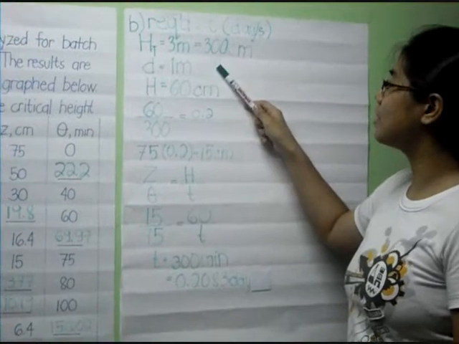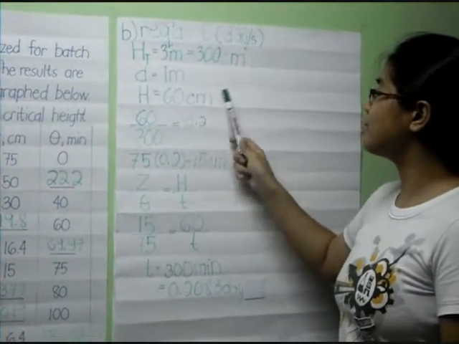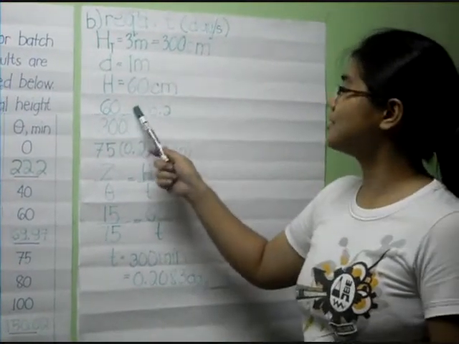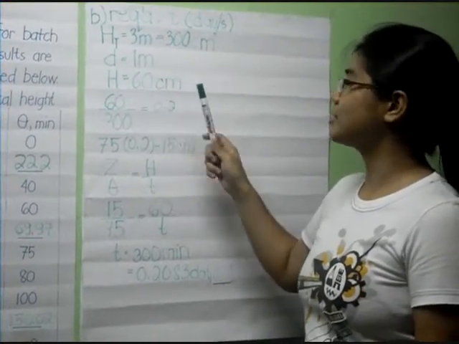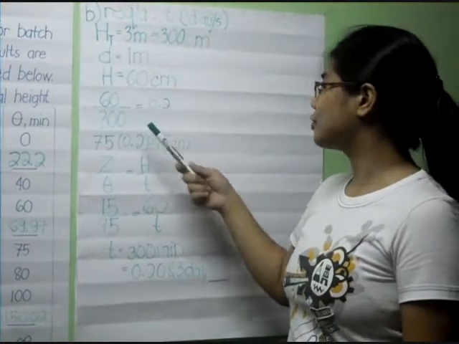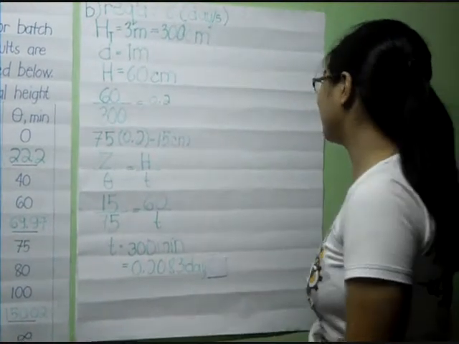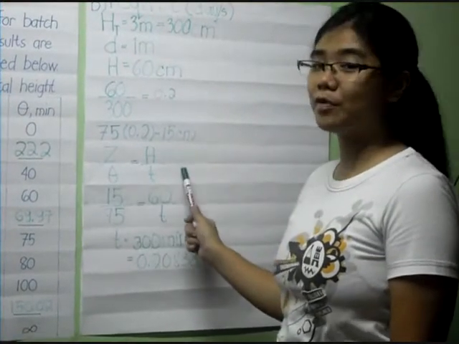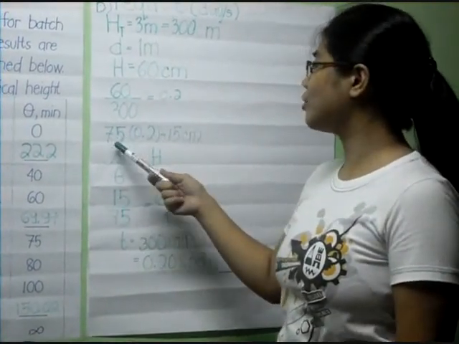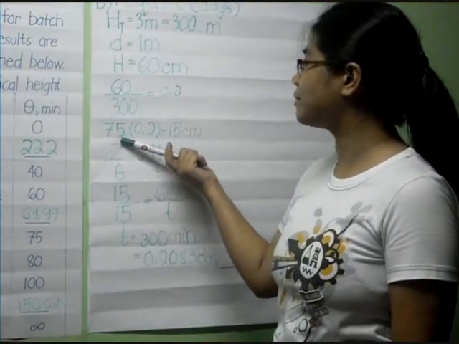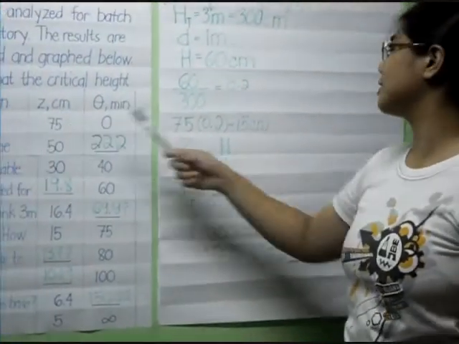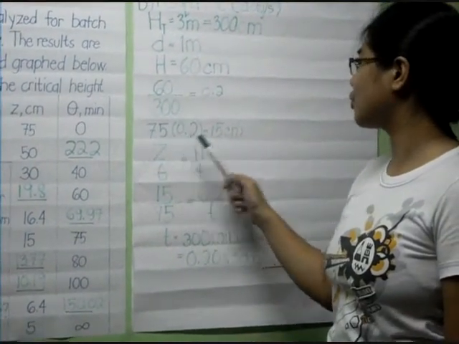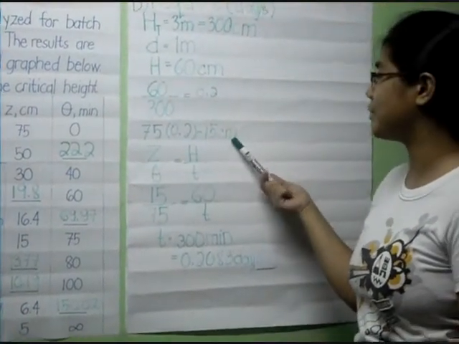So this is the given, and from the given, 60 is 20% of 300, and to get the time, I use ratio and proportion. To get 20% of 75 centimeters, I multiply it by 0.2, and I got 15 centimeters.